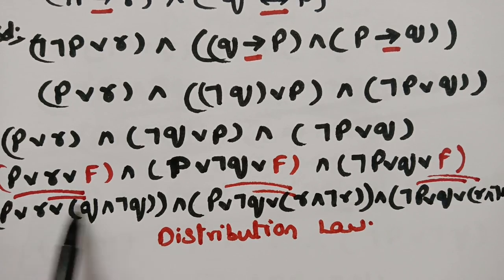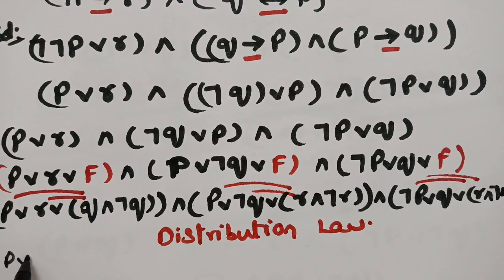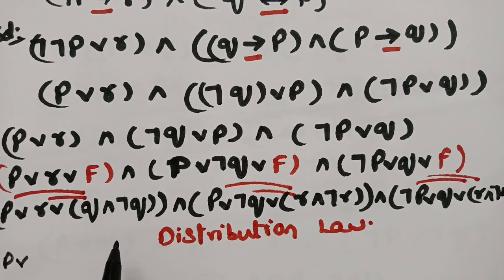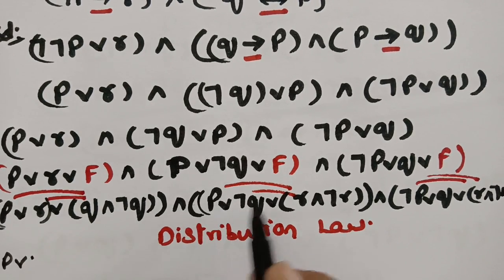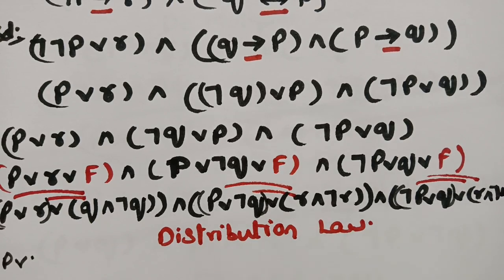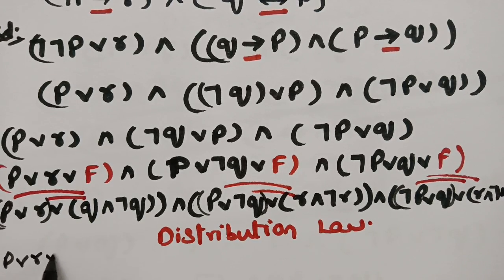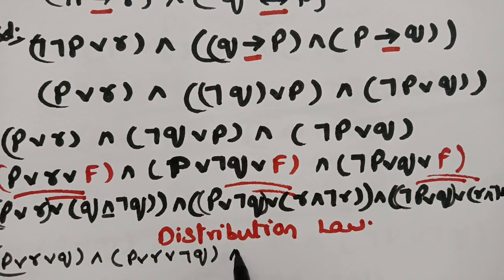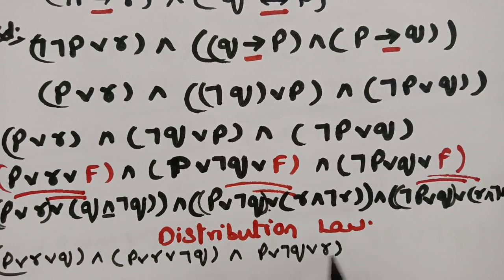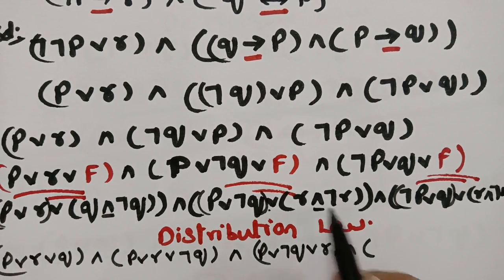So this will be P or Q. If I set this as one bracket and this as another bracket, this will be P or Q or R, and there is an and symbol, and here this is P or negation Q or R, and there is an and symbol here.